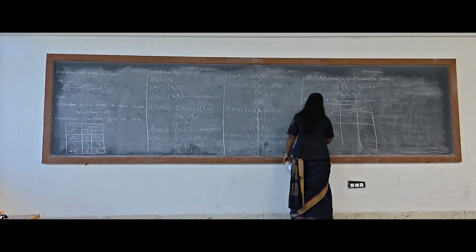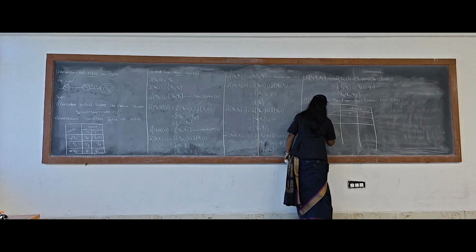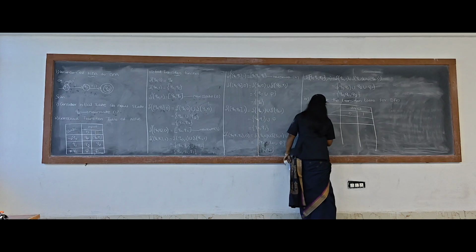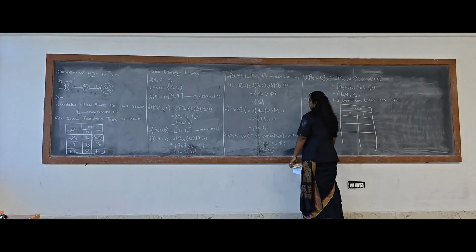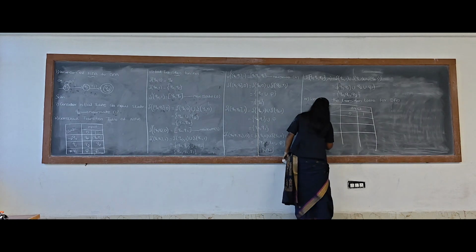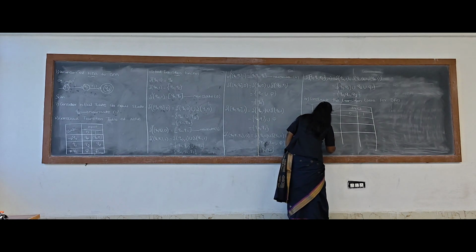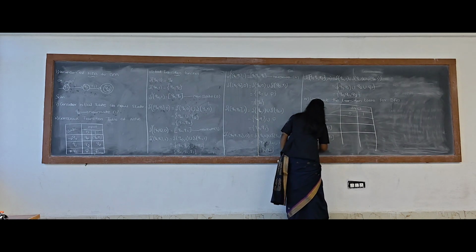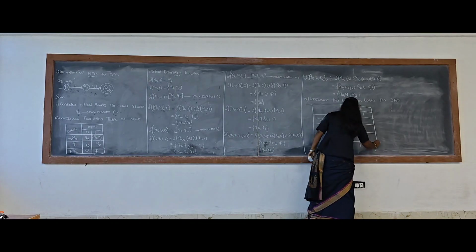This is the second state, and the third state is Q0 Q2. And the fourth state is Q0 Q1 Q2.